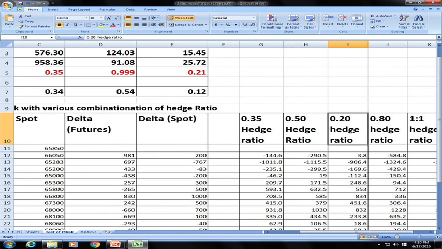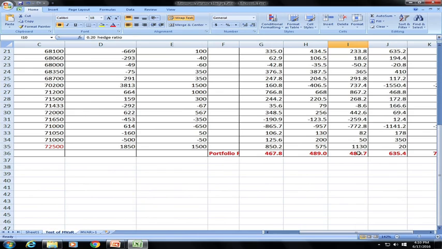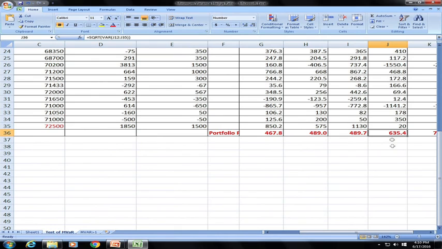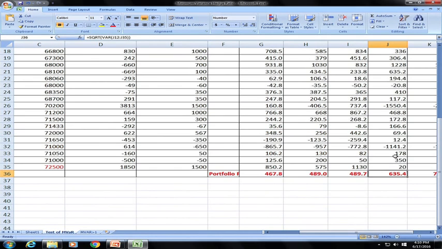I just took another random number, a hedge ratio of 0.2. That means for every 1 unit long on the asset, the producer is entering into 0.2 units of futures contract. With this, the portfolio risk is 489.7. With 0.80 as hedge ratio, the portfolio risk is 635.4.